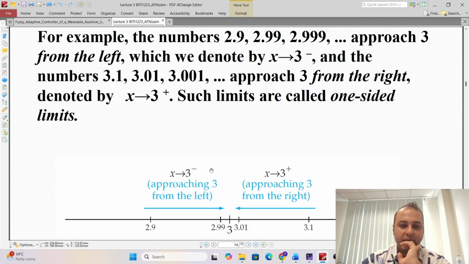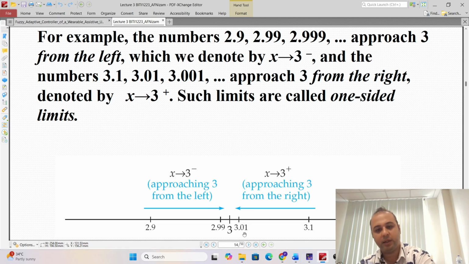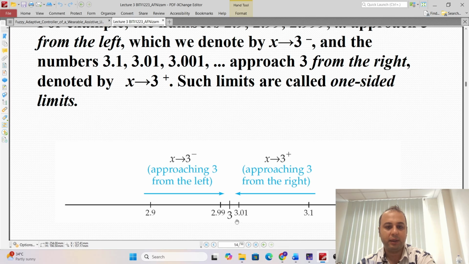From the right, x becomes, for example, 3.01, 3.001. From the left it becomes 3.29999. But when we write that x is approaching 3, actually x is not approaching exactly 3.